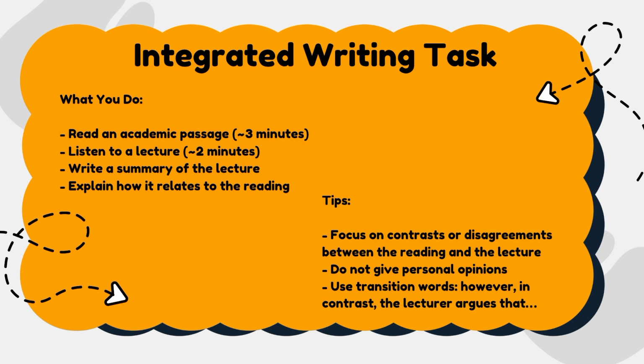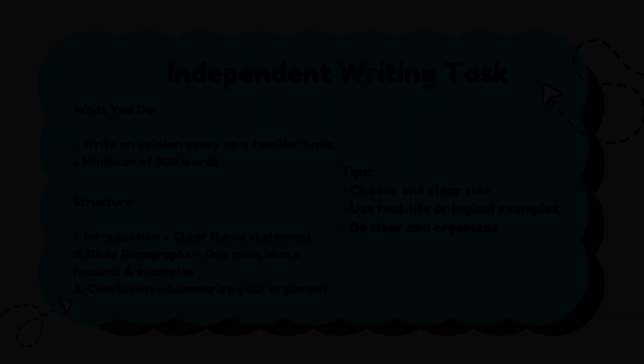This helps make your writing more organized and easier to follow. Also, make sure you take good notes while listening to the lecture because you'll only hear it once, no replay. So, in short, this task tests how we can understand and connect information from two sources, and how clearly we can explain that connection in academic writing.